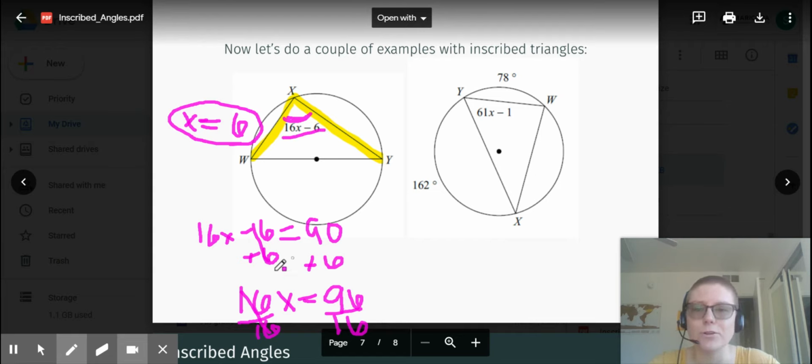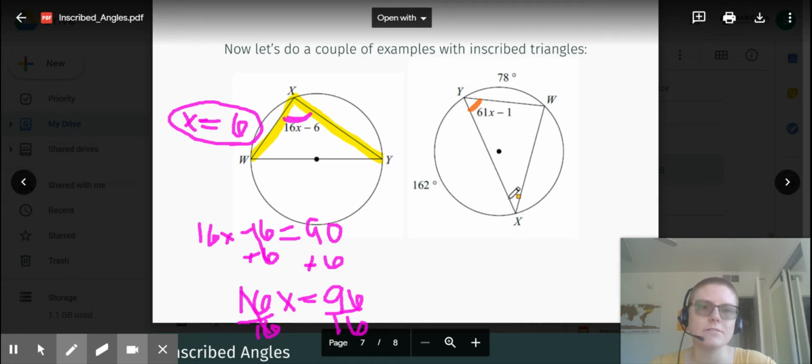Right, and then let's do this guy, which is a little bit more confusing. We've got this angle here, 61x minus 1. This angle here is opposite from 78, so it's half as big as 78. This angle here is opposite from 162, so it's going to be half as big as that.